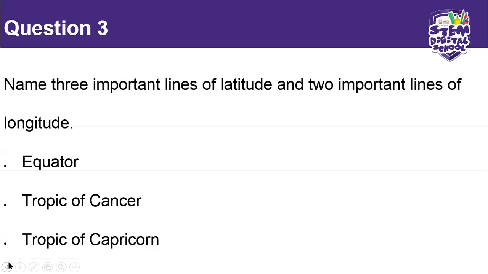Oh, which means I forgot to put 2 important lines of longitude: Greenwich meridian and international date line. Greenwich meridian and international date line for 2 important lines of longitude.